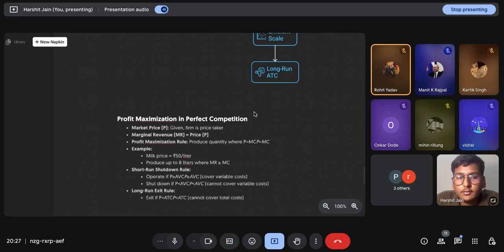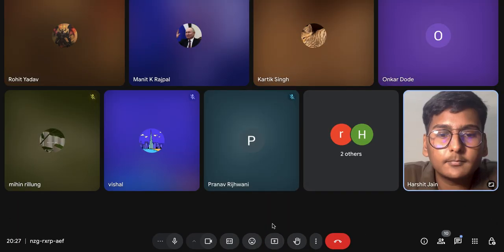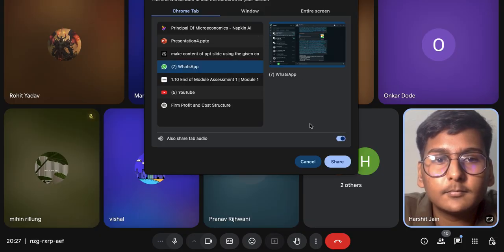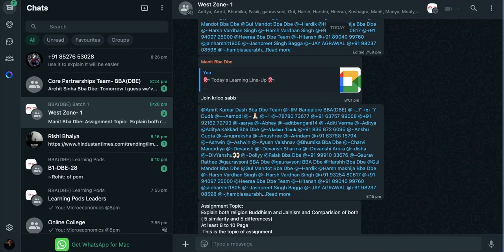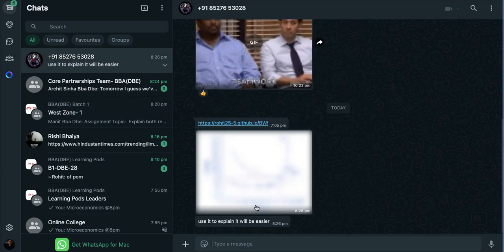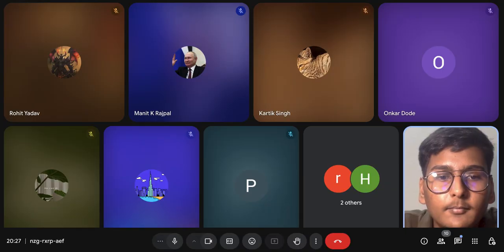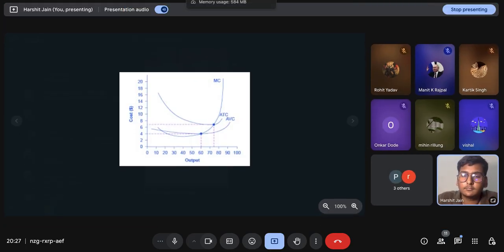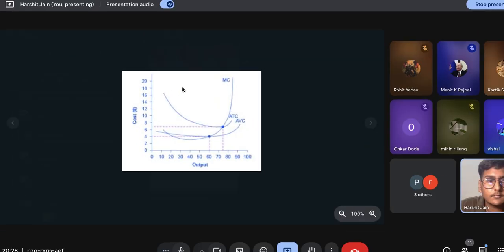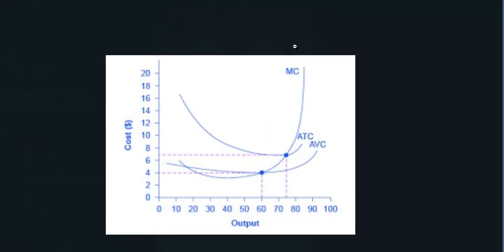It would be easier to understand. Okay. WhatsApp. Is it visible?